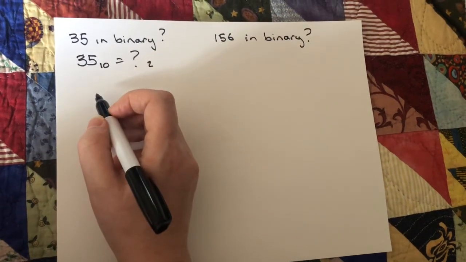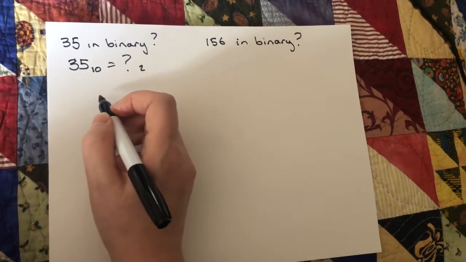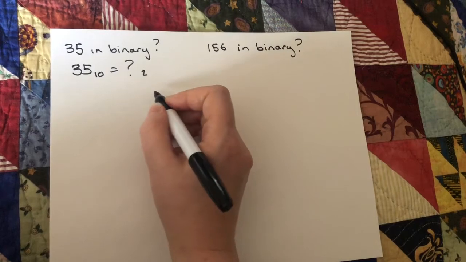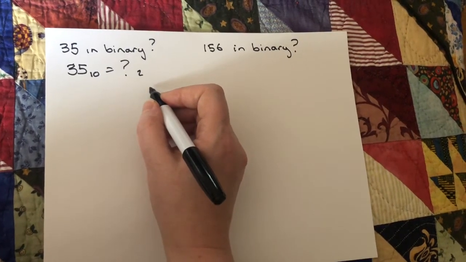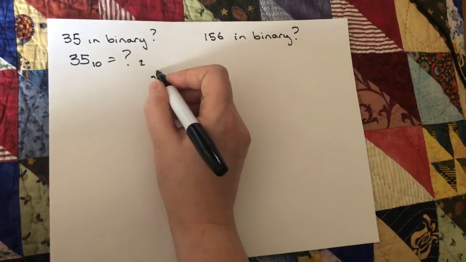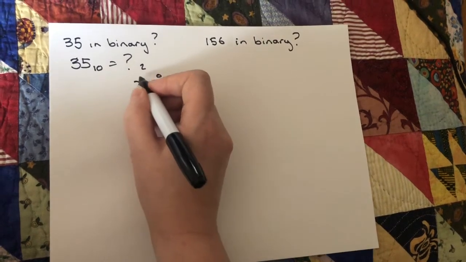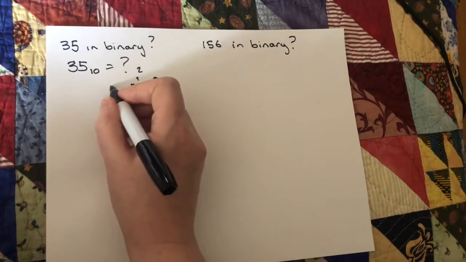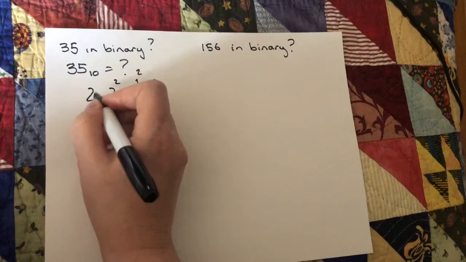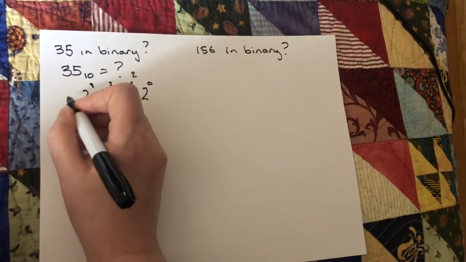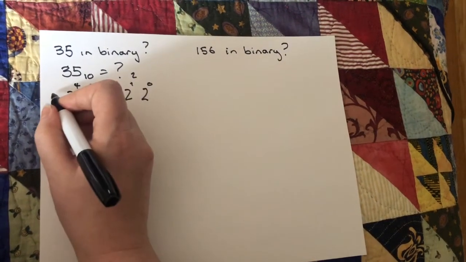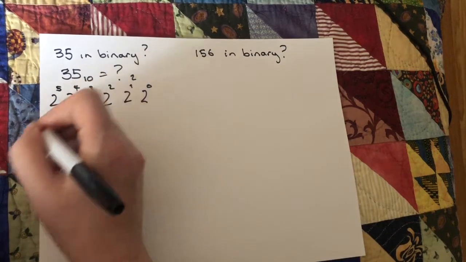Now we remember that we have our columns. So the columns for binary are 2 to the 0, 2 to the 1, 2 to the 2, 2 to the 3, 2 to the 4, and so on. You go on.